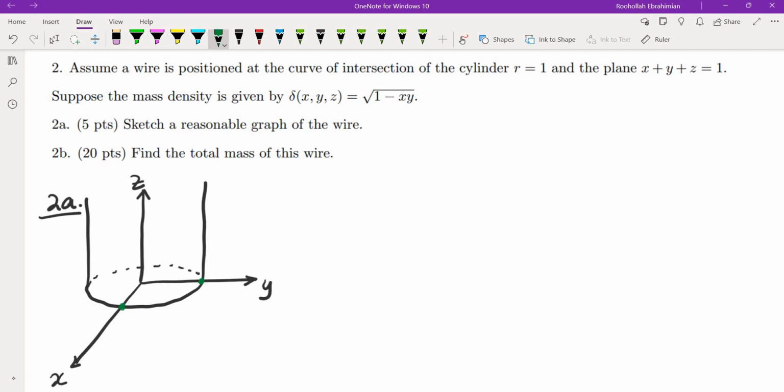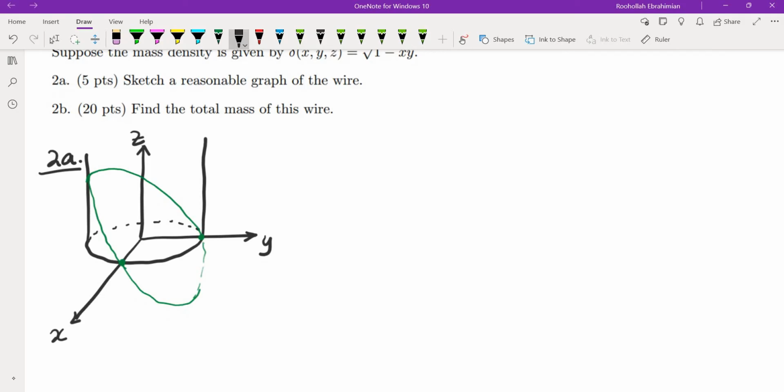So the intersection would be a curve. It's like an ellipse, and we get something like this as the intersection.